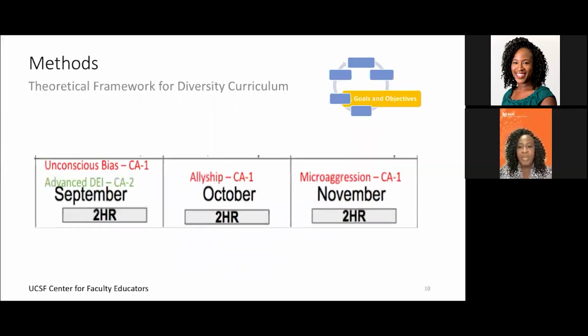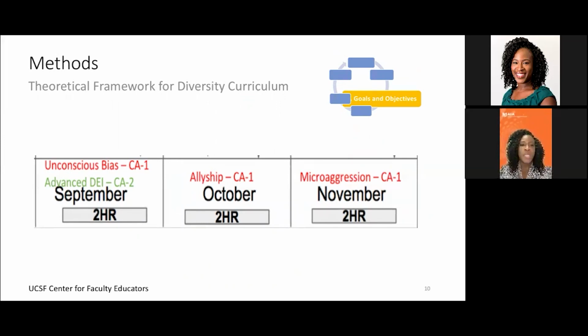For the curriculum, as it was being developed, the DEI curriculum was based on critical race theory and transformational learning, where perioperative trainees received a 2-hour workshop on unconscious bias, a 2-hour workshop on allyship, and a 2-hour workshop on microaggression. This occurred during the year of 2020.